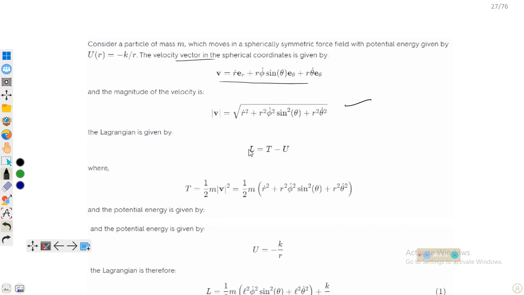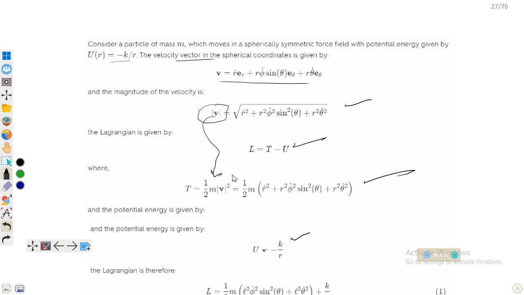Then the Lagrangian is equal to T minus U, and you know that T is equal to 1/2 m v squared, and we can find v squared by taking the square on both sides. So it will be equal to m over 2 times r dot squared plus r squared phi dot squared sine squared theta plus r squared theta dot squared. Then the potential energy is given as U is equal to minus k over r.